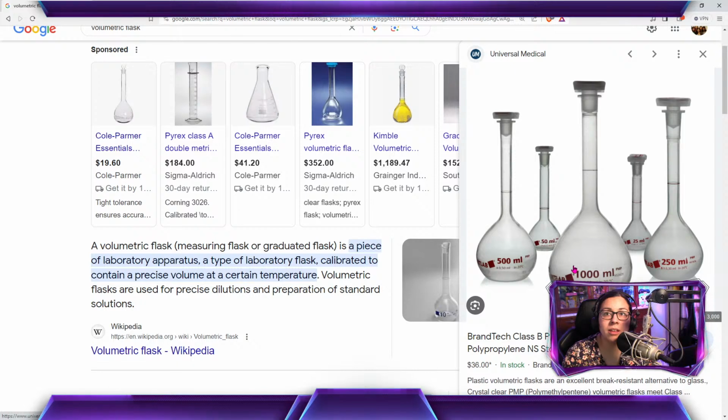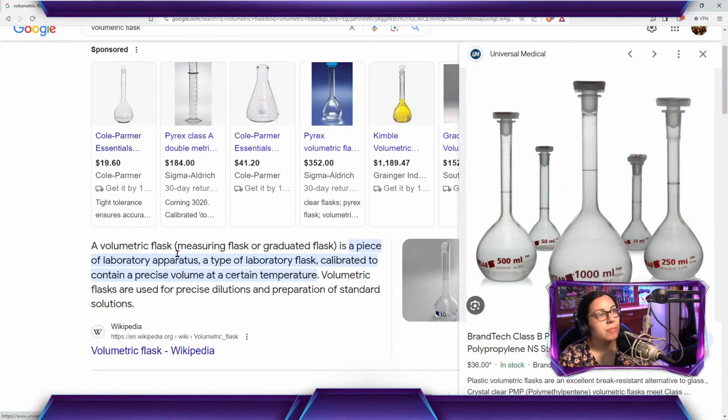This is telling you how precisely you can measure, so this would be relevant to your measurement. This is plus or minus 0.8 milliliters at 20 degrees Celsius. So it measures 1,000 milliliters extremely accurately, with an error of 0.8 milliliters.